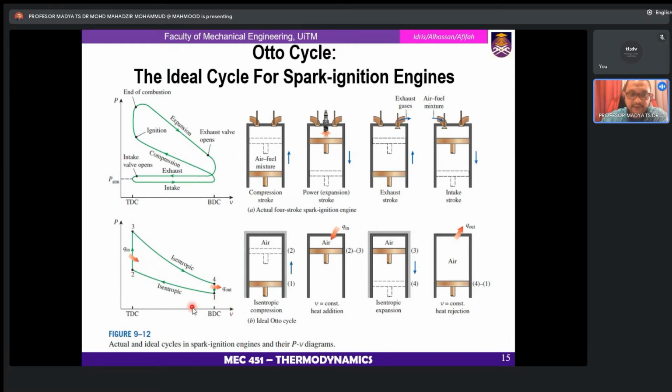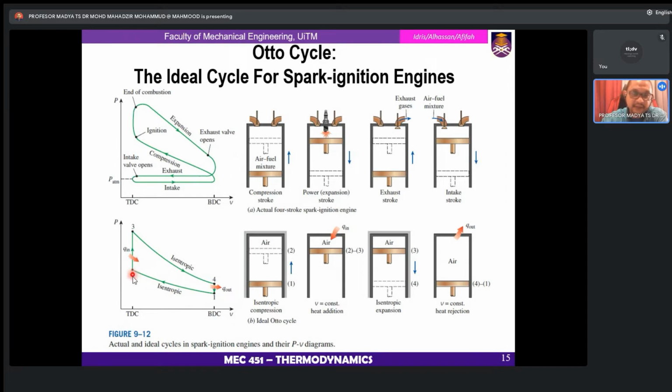Here you can see it has four processes. 1 to 2 is stroke number one, an isentropic compression process from BDC to TDC. Then 2 to 3 is process number two, where heat is added.